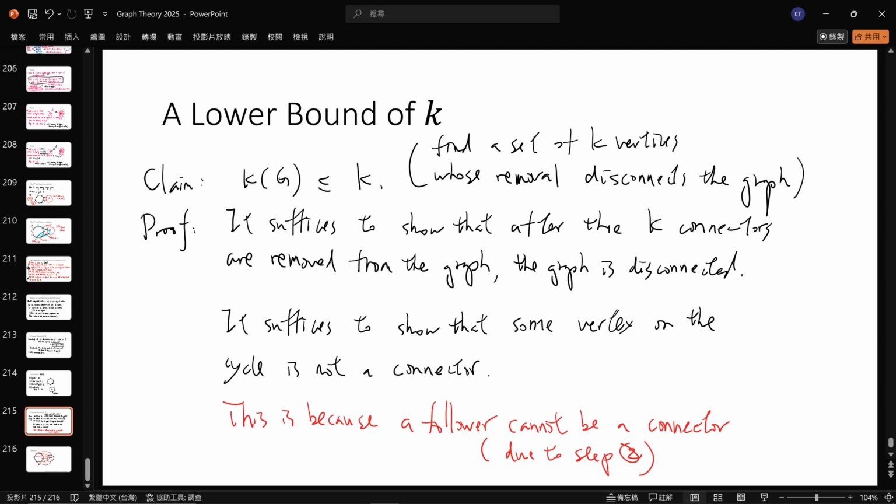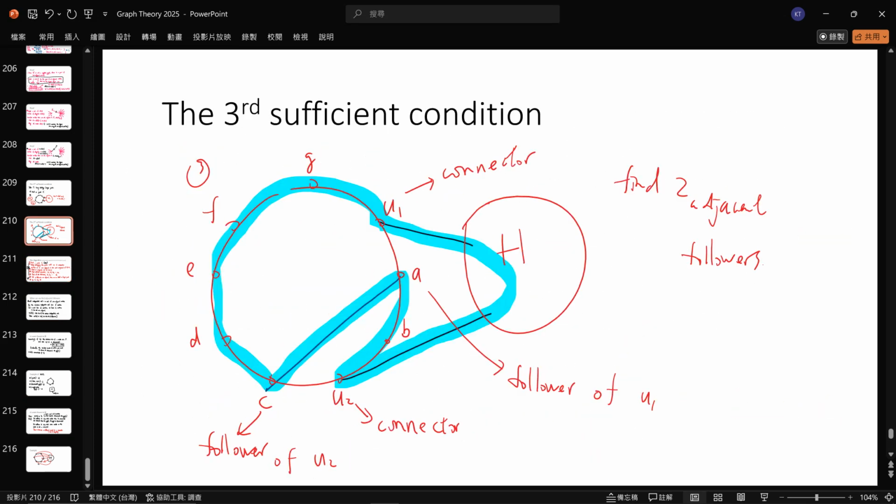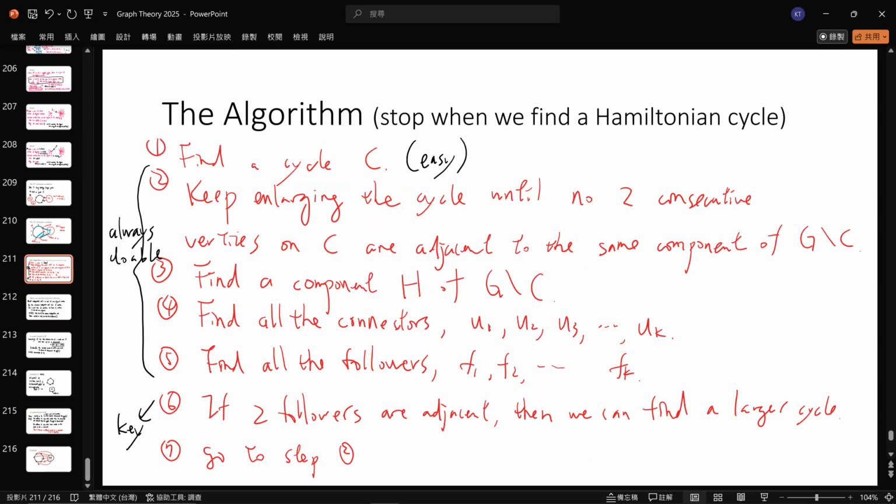So this is due to step 2. Because in step 2 we find 2 consecutive vertices, and in our notation they are the connector and the follower. If the connector and the follower are both adjacent to the same component, then we can actually find a larger cycle.